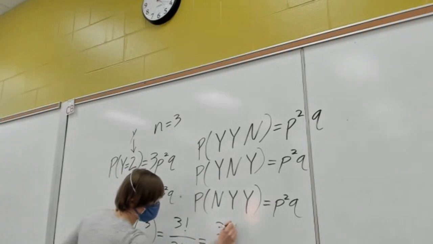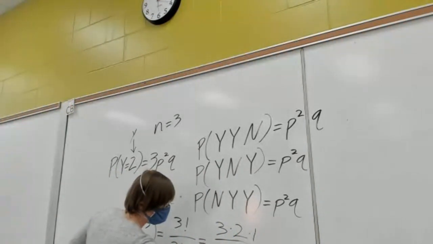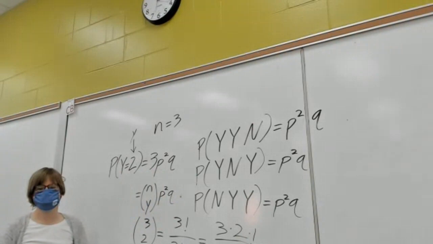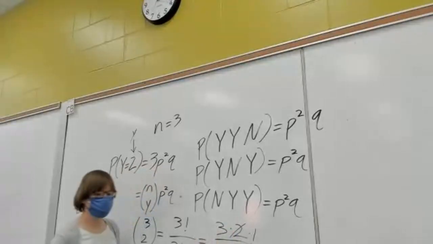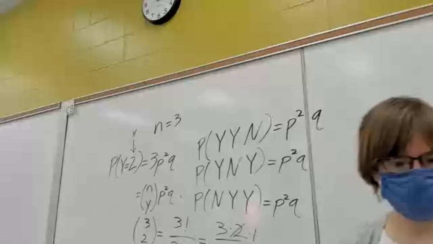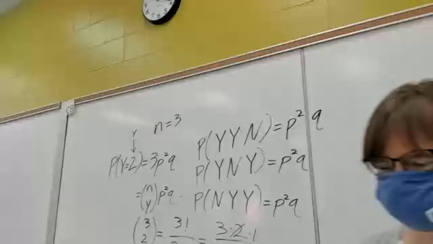So 3 times 2 over 2 times 1 times 1. So the 2's end up canceling, and we're left with just 3. Okay, that makes sense. It was just confusing because it said y equals 3. Yeah, sorry about that.